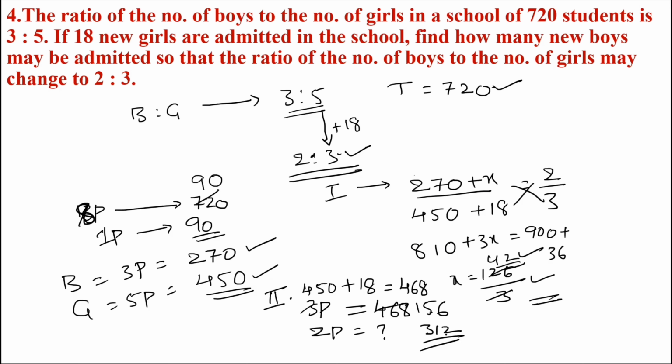This is the new number of boys. 270 is the previous one. So how many students are added? Boys means 42: 312 minus 270, 42. You can do either this way or the other method.